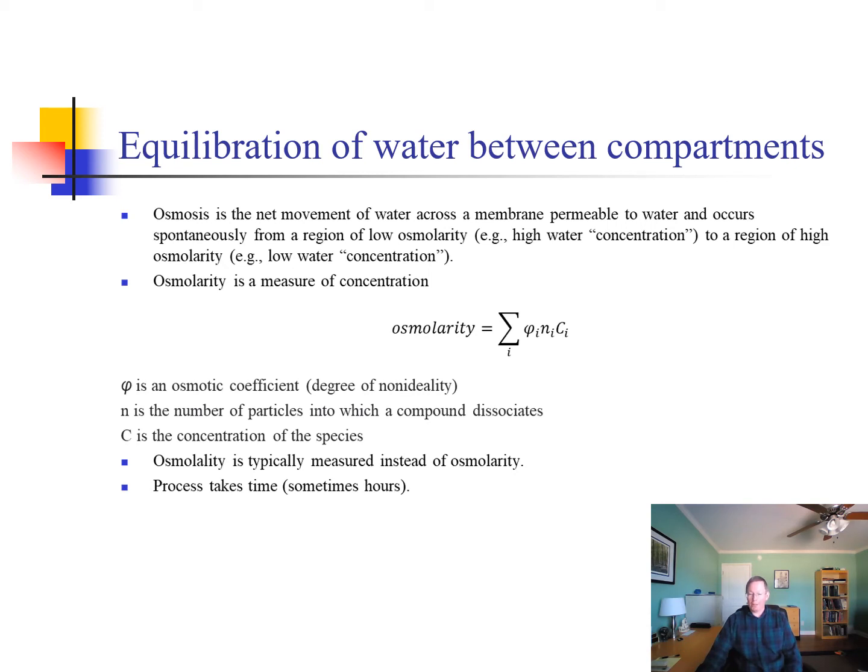So osmolarity is something that is dependent upon the concentration of dissolved particles in a certain volume of solution. It takes time to do this, and as I mentioned, if I take a bit of blood, I can measure the plasma osmolality, we'll consider that to be synonymous with osmolarity.